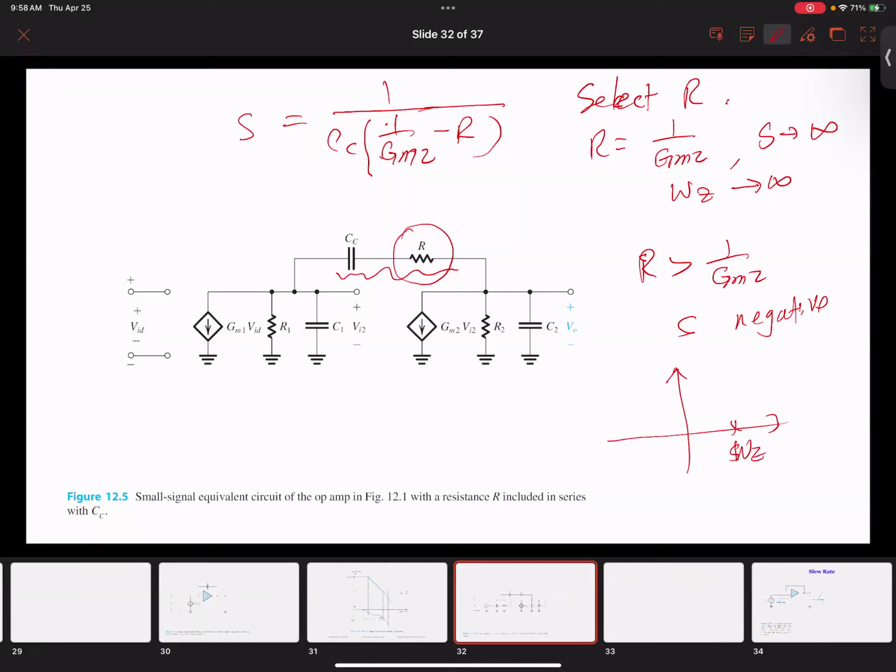Now by choosing R, this is the original. Our zero moves to a new position here. It's right on the right half plane. And this will help eliminate that 90-degree phase shift. And it really helps the circuit to be more stable.